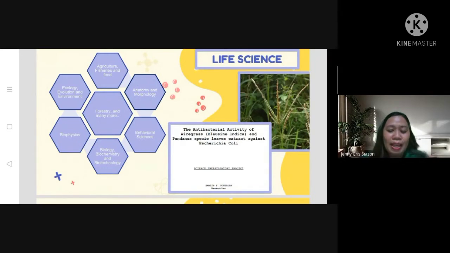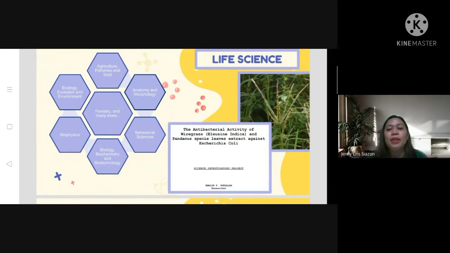O kaya naman, you could also test different fertilizers that you want to apply in your growing plants to see which ones make them grow taller. So yun yung mga typical scenarios when you are going to choose life science.